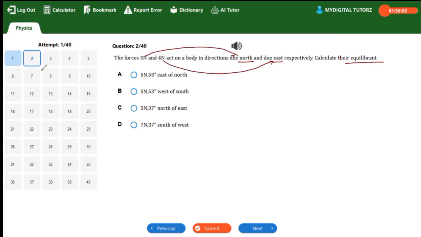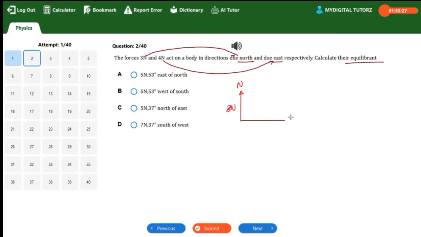So from there, we have one of the forces acting in direction north, and it is 3 Newton. Another force acting in direction east is 4 Newton.